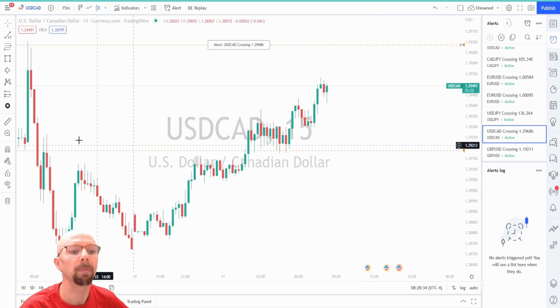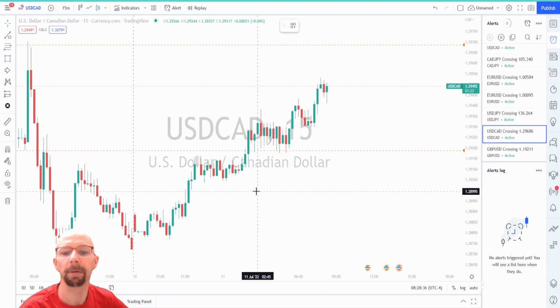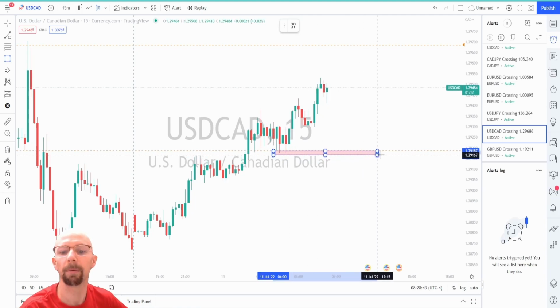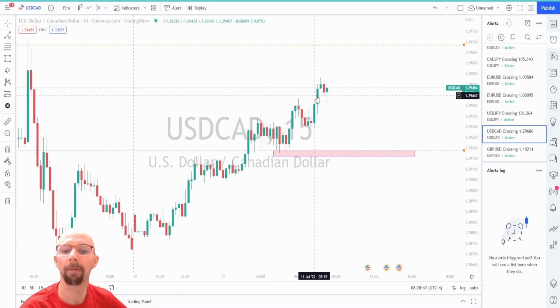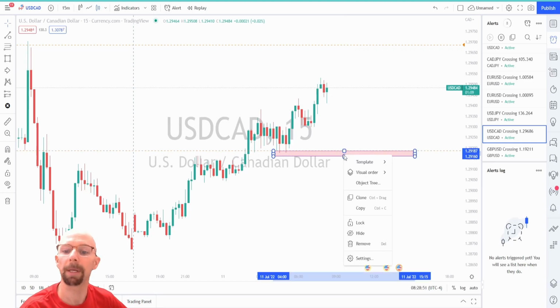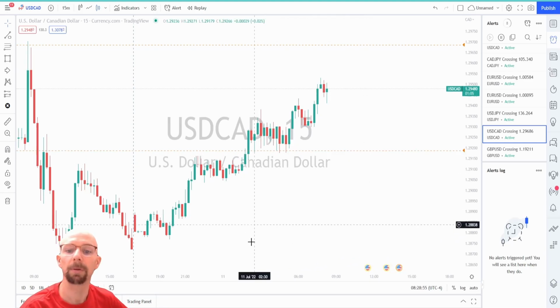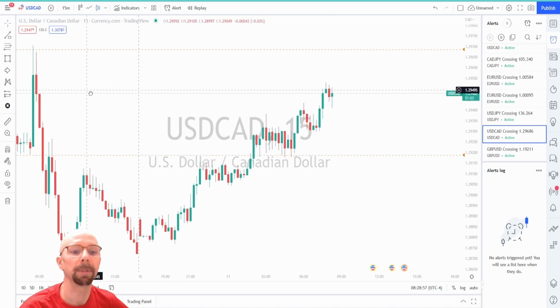So when you're looking at stuff, you're just trying to identify areas where price might react. So you can see if price comes down to this area, I might be expecting it to go the other way, some type of reaction. So the same is up here as well.